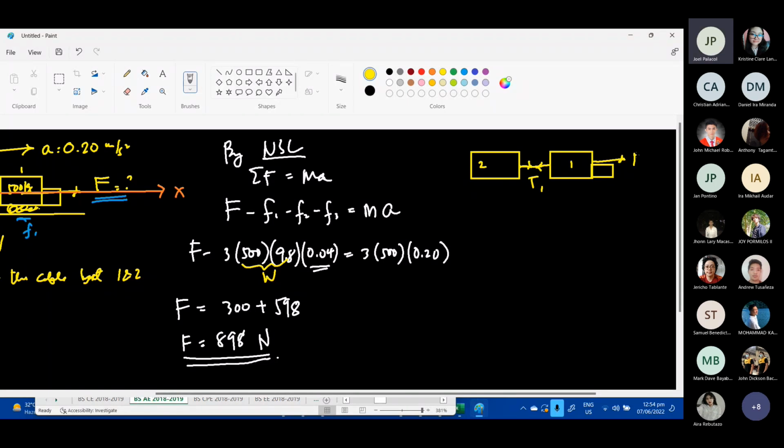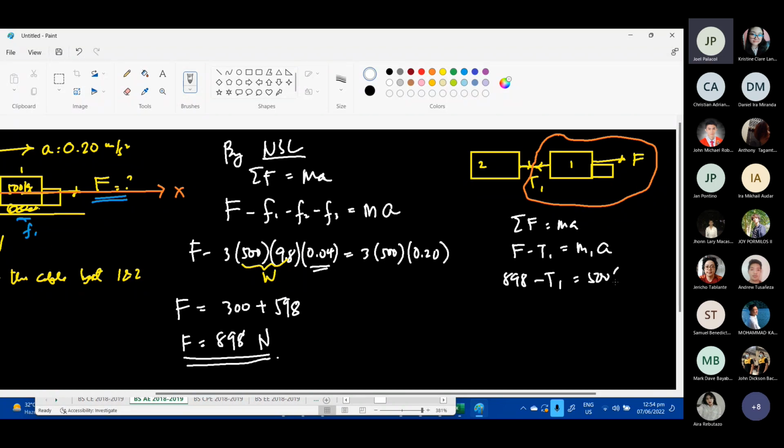You have a force here, F. Applying Newton's second law to car 1, summation of F equal to MA. F minus T1 equal to the mass M1 times the acceleration. So we know that F is 898 minus T1 equal to mass 500 times 0.20. So T1 is equal to 898 minus 100, and that is 798 newtons.